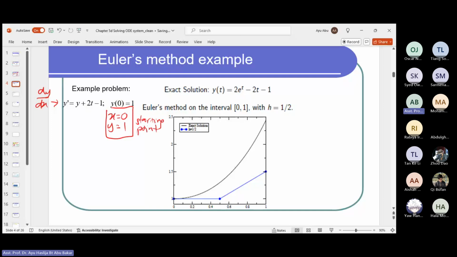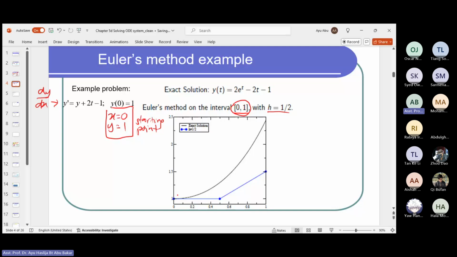Okay, that is your starting point. Then it mentioned Euler's method on the interval 0 to 1 with h equals 1 over 2, which is 0.5. Interval here means the range of your points.